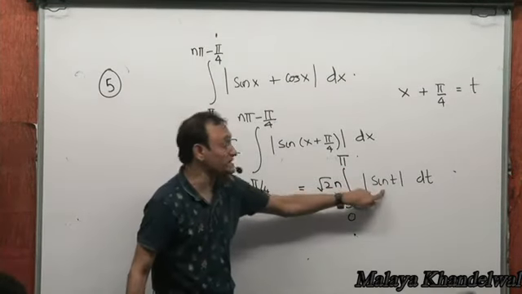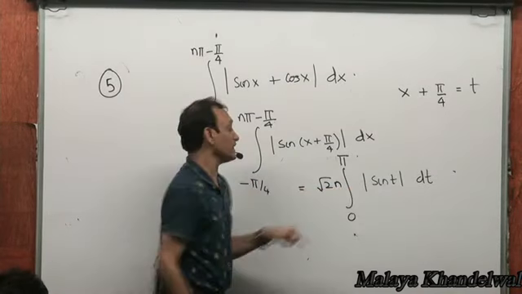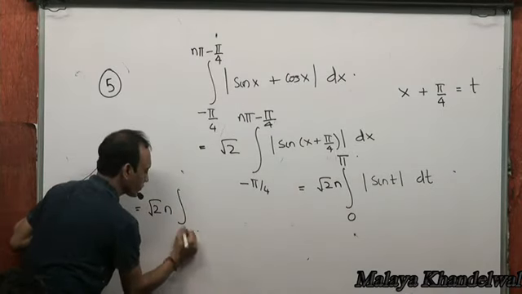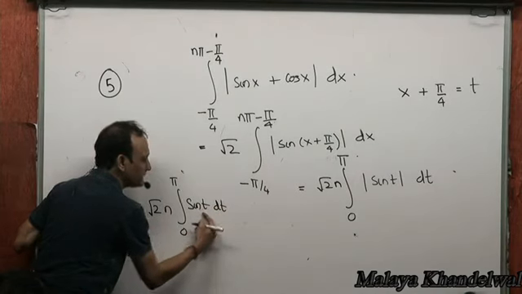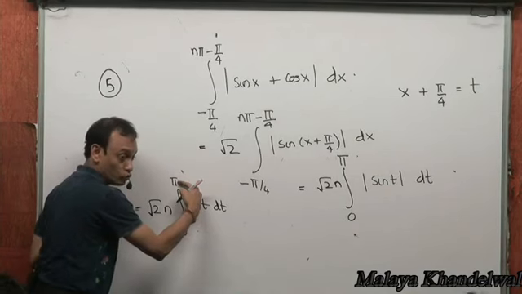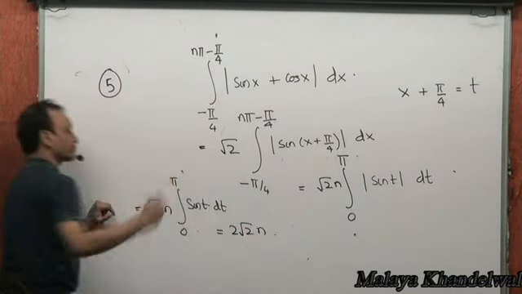In the interval 0 to pi, sin t is anyways positive, so mod sin t is the same as sin t. Integrate: minus cos t from 0 to pi will give you 2. Right? So this will become 2 root 2 n.